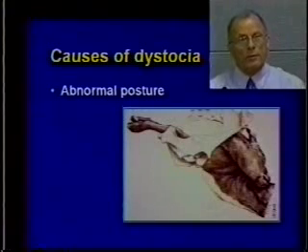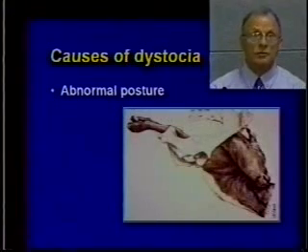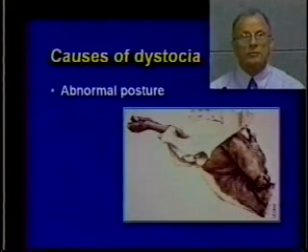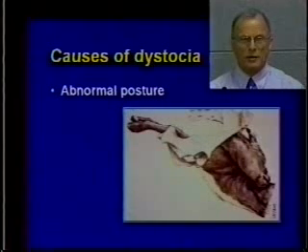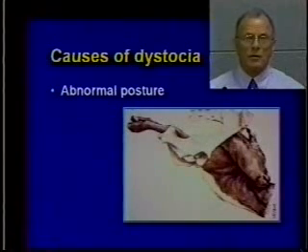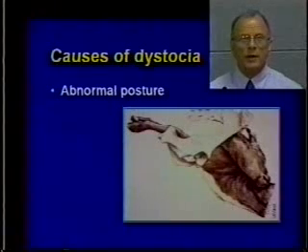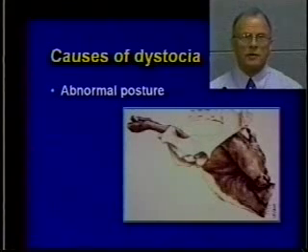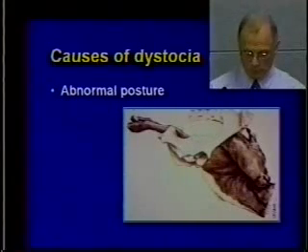Or a second example, a calf here in the anterior longitudinal presentation. The position is dorsosacral, and the posture is head retained to the left. These are not uncommon, usually seen when the calf is dead and the calf does not participate in its own delivery by keeping its neck and head extended, or weak calves that are unable to do that.